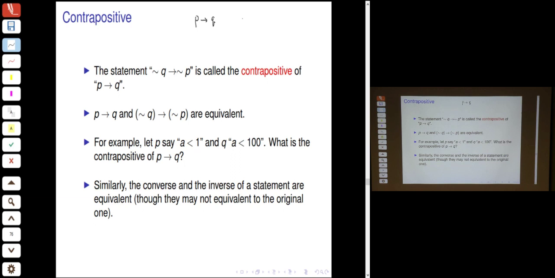So here you have its converse, which is Q arrow P. Now here you can have its inverse, which is not P arrow not Q. The last part is this contrapositive, which is not Q arrow not P. So what do we know? We know these two are equivalent, and these two are.